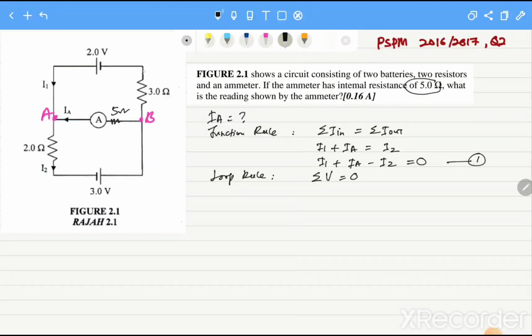So we have 2 loops. We label loop 1 and loop 2. We are going to travel around the loop, so we need to choose the direction that we are going to travel. I'm going to travel in the clockwise direction in loop 1 and loop 2.